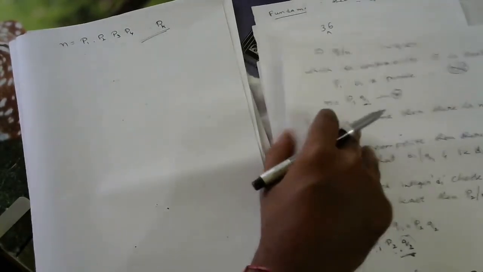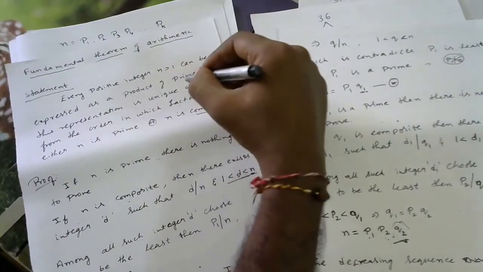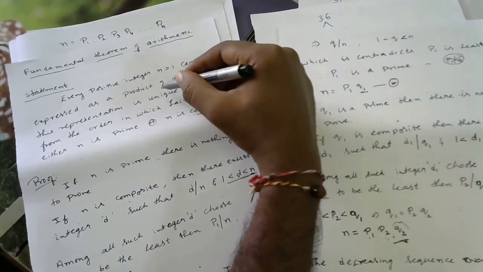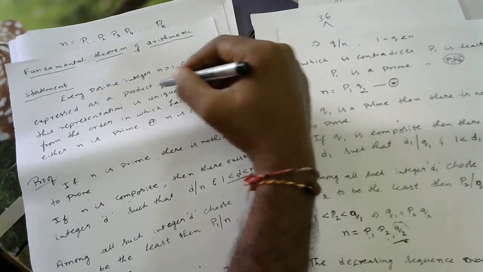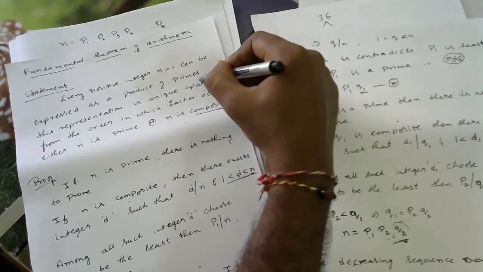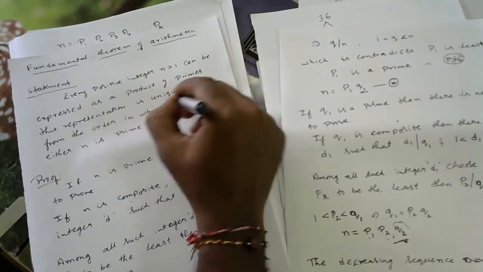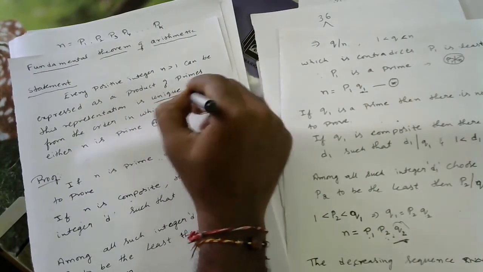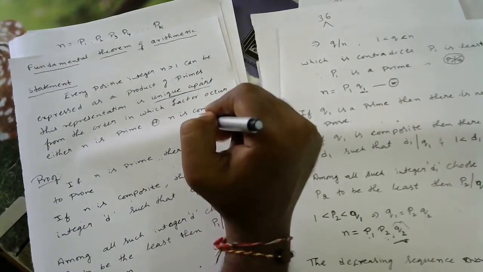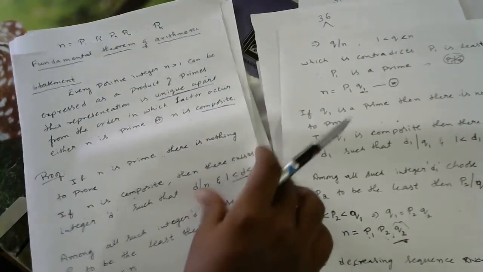What is that one? Here you proved the product of primes, the prime factorization. You proved that one, but the representation is unique apart from order, so you have to show it is unique. So next you have to prove it is unique.